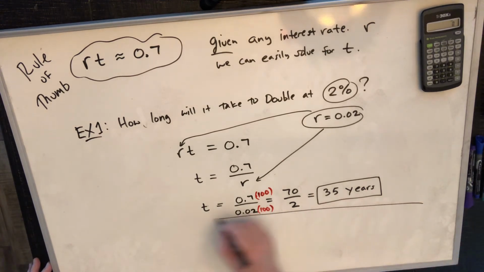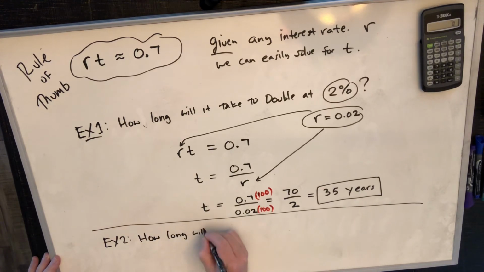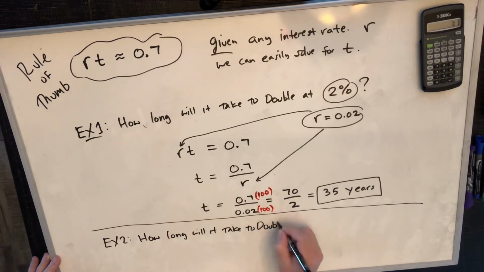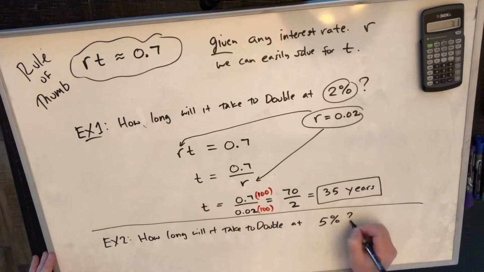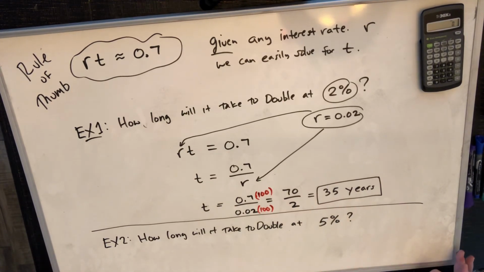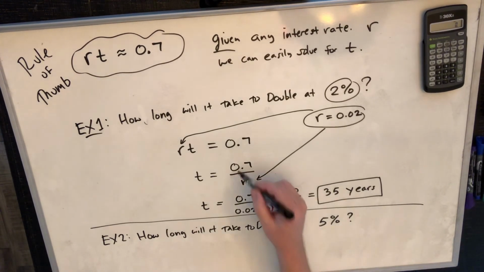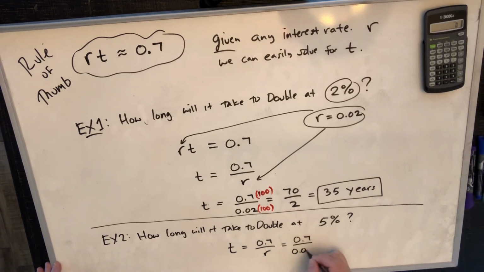Let's try it again. How long will it take to double at 5% interest? Use the same formula. T is 0.7 divided by R, which is 0.7 divided by 0.05.